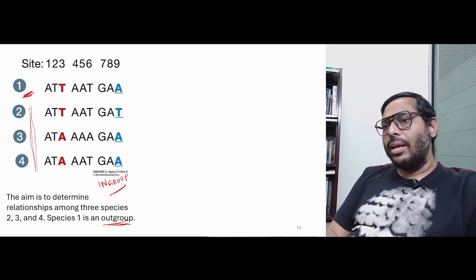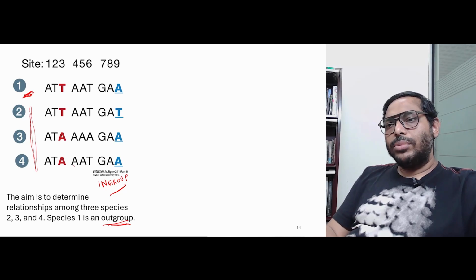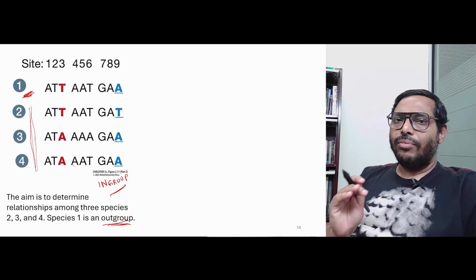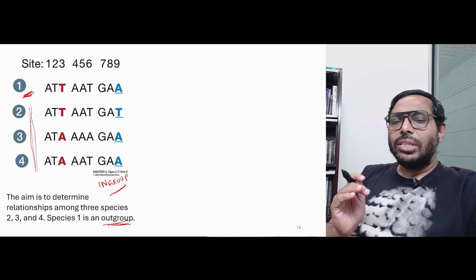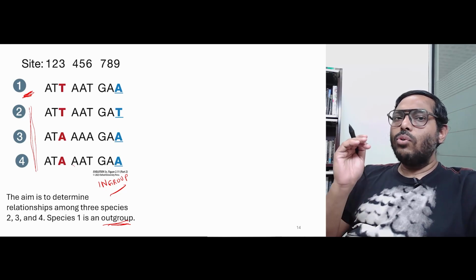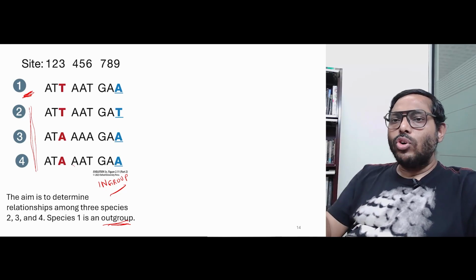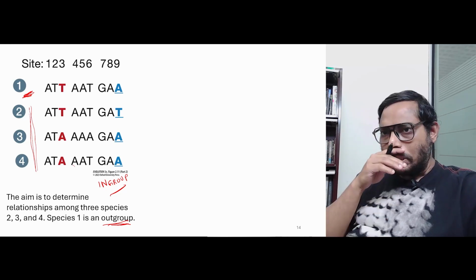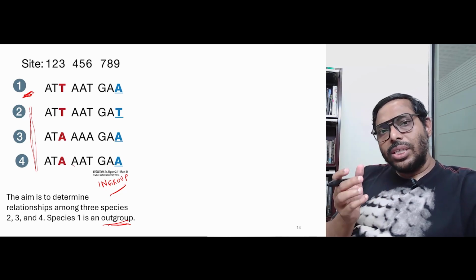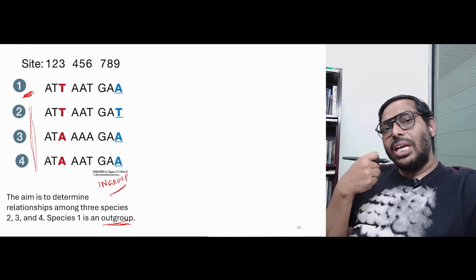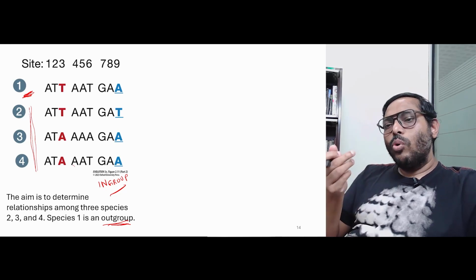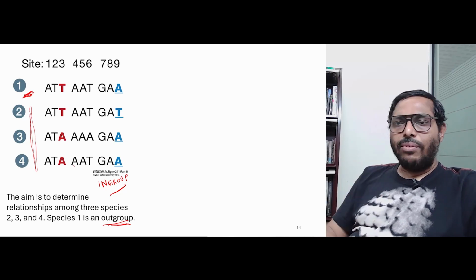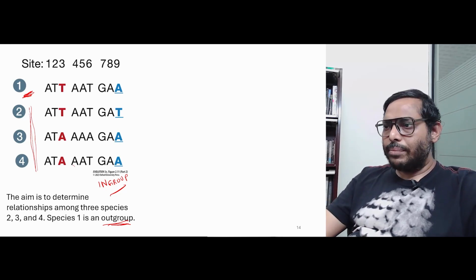The whole idea is that we start with the assumption that the outgroup's sequence is the ancestral form, and essentially the question we are asking is how does one go from the outgroup's sequence to the various in-group sequences. In other words, what kind of mutations or changes need to happen to go from 1 to the existing patterns of 2, 3 and 4. How does one do that?